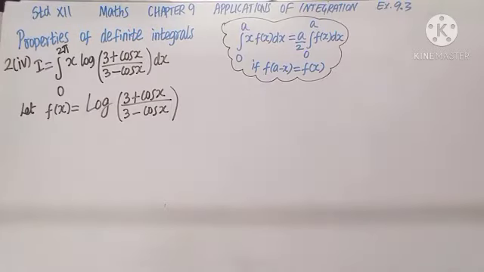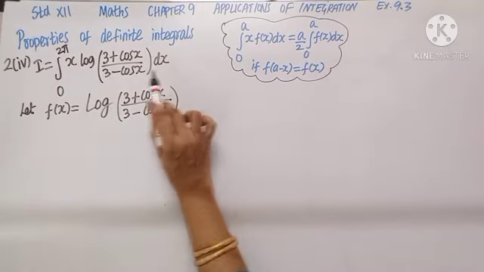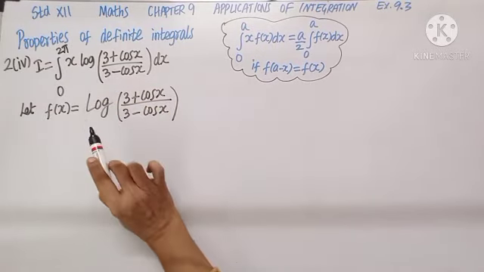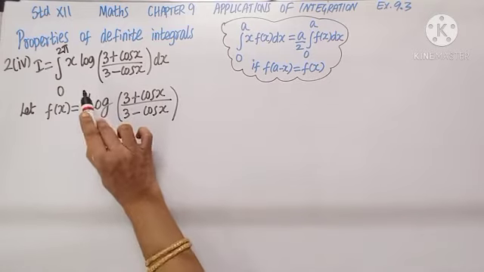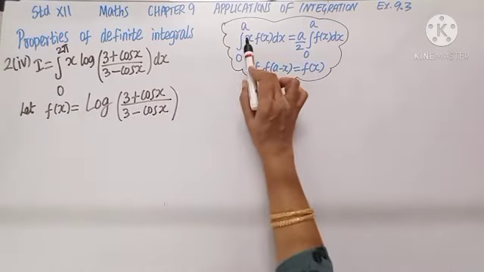Fourth subdivision, I equals integral 0 to 2 pi of x log of 3 plus cos x by 3 minus cos x into dx. X into something, whenever it comes, directly doing the integration may be a difficult process. Remember the formula.